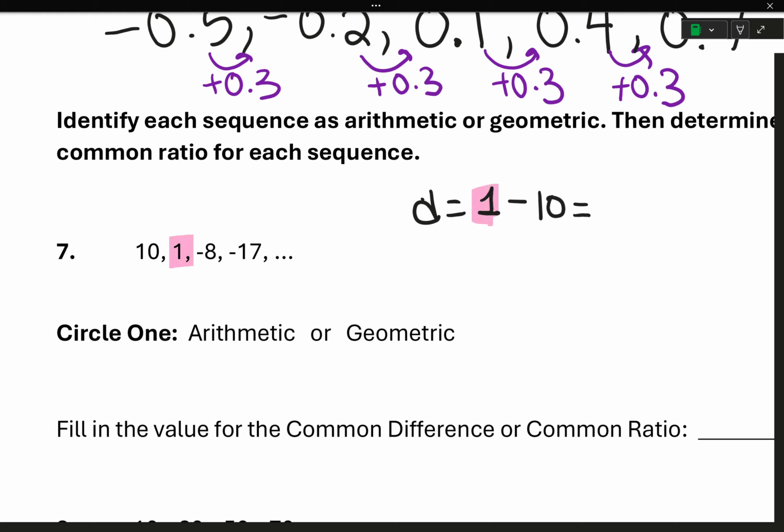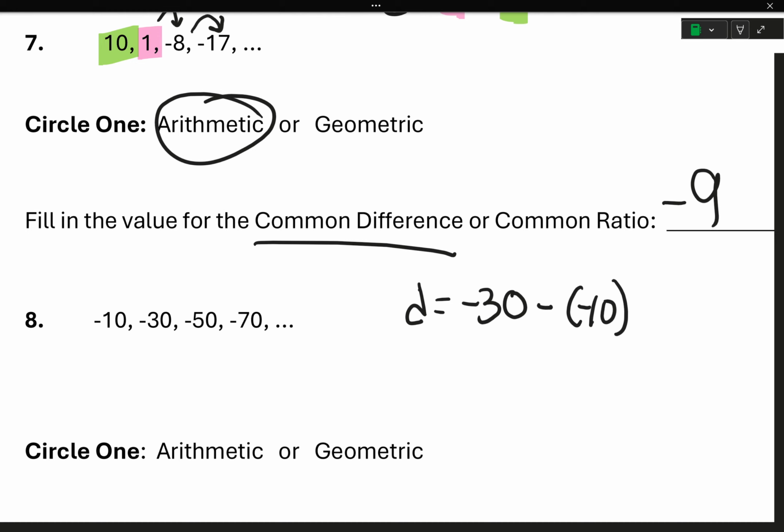Let me kind of scroll this over. There we go. Number 8. Let's check the common difference first, because that's what I want to do. We're going to do term 2 minus term 1. All right, -30 minus -10 is -20.